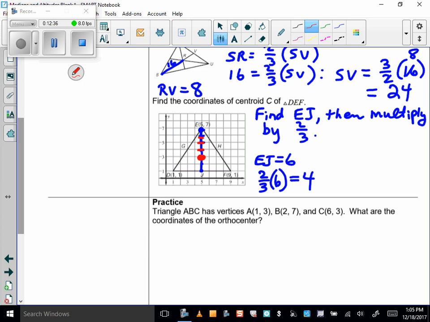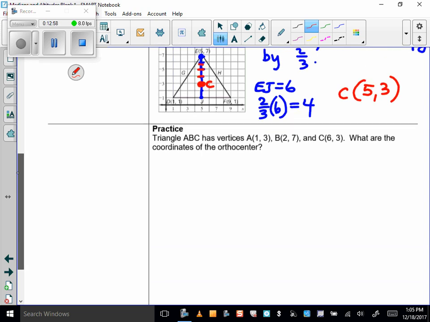So there's my centroid. And what are its coordinates? Well, it's over at 5, 1, 2, 3. C is 5, 3. It's nice when you're on a coordinate plane and you can just simply count like that. If it weren't on a grid like this, I suspect you would have to do a lot more work.